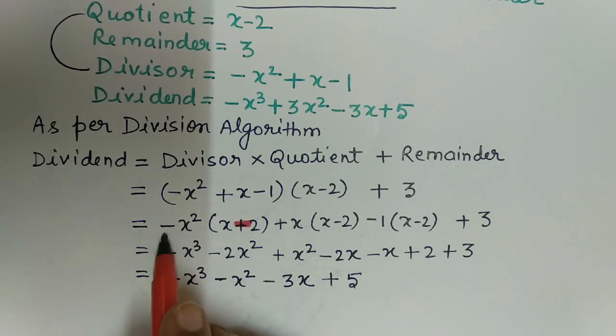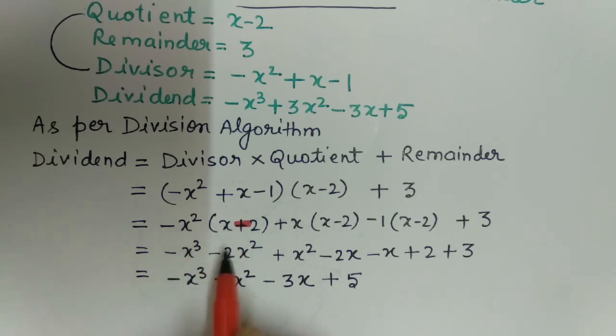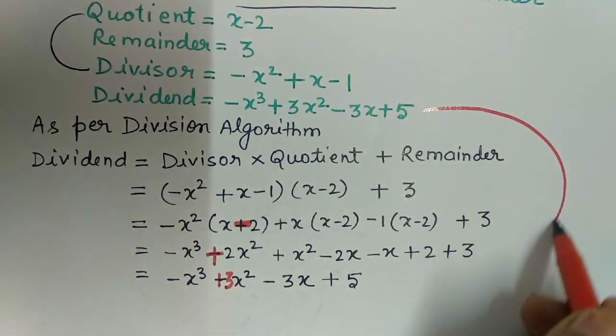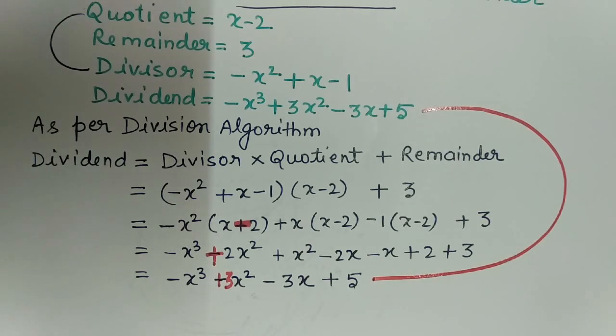So when you multiply minus x square into x, you will get minus x cube. When you multiply minus into minus, it will be plus 2x square, and this is plus x square. So you will get plus 3x square. Now this is minus 3x plus 5. So you can compare that this is equal to our dividend, minus x cube plus 3x square minus 3x plus 5.